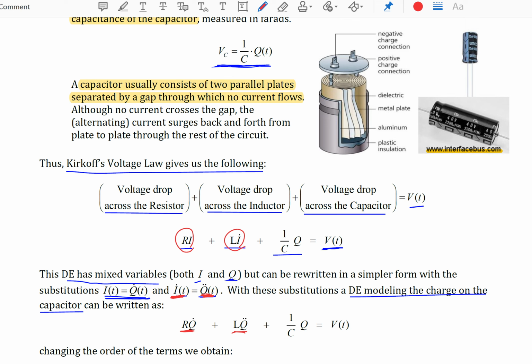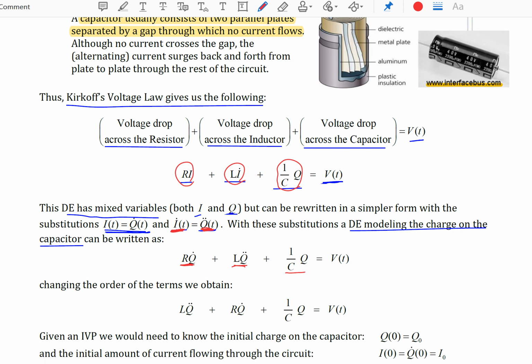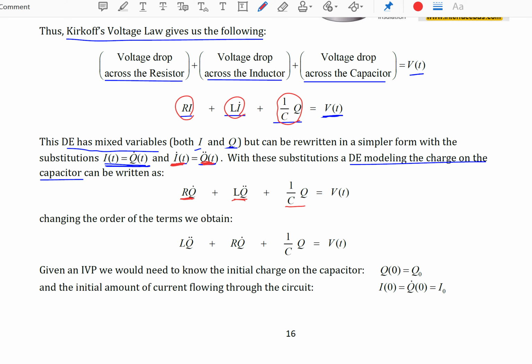And then the 1 over C Q stays the same. If we change the order of the terms and write it in the form of a linear second order DE, then I write it as LQ double prime plus RQ prime plus 1 over C Q equals your voltage source.